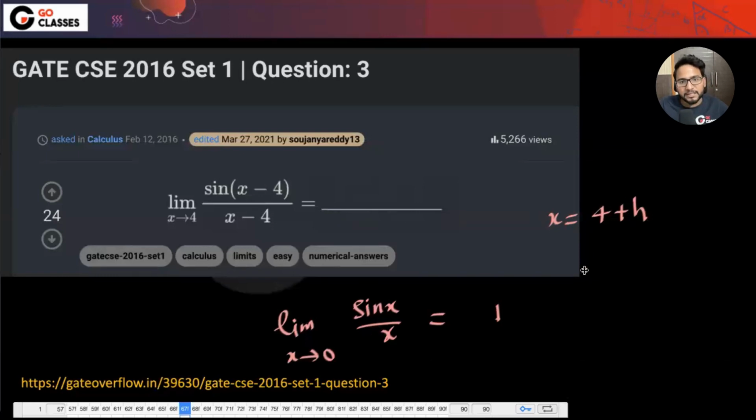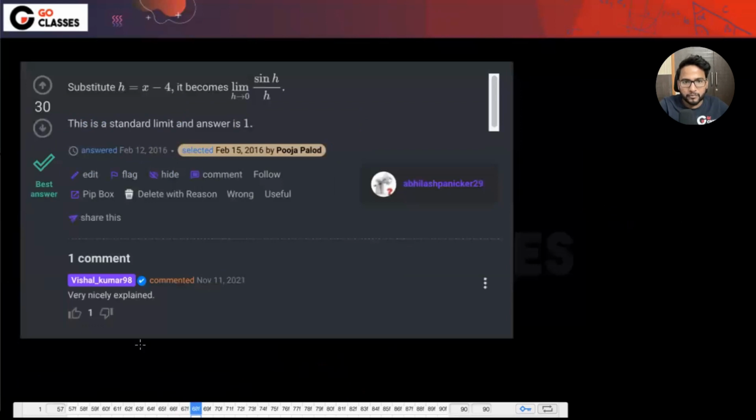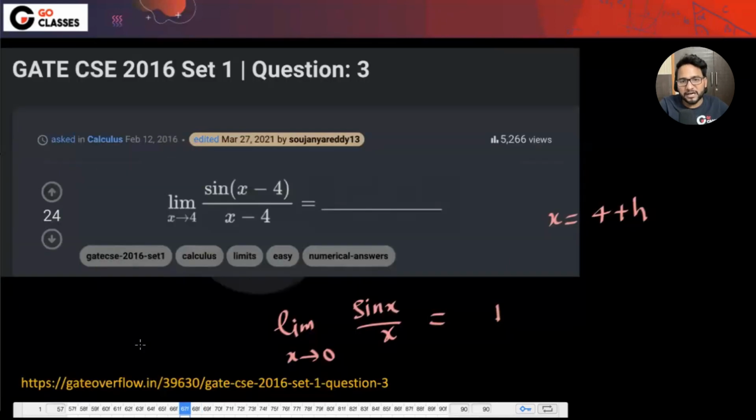If you do 4 plus h, you will be getting the right hand limit; if you do 4 minus h, you will be getting the left hand limit. You can do both. You will be getting the same answer as 1. Yeah, you can also apply the L'Hopital rule. So there are many ways to solve one question. Cool. By the way, this is just a standard limit. Has everybody understood that this is a standard limit?